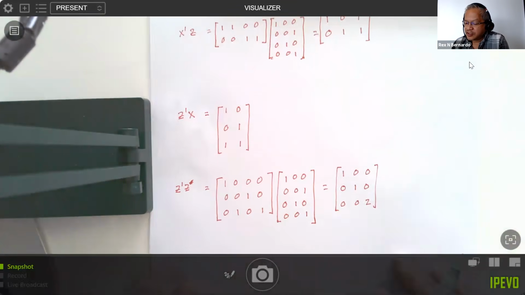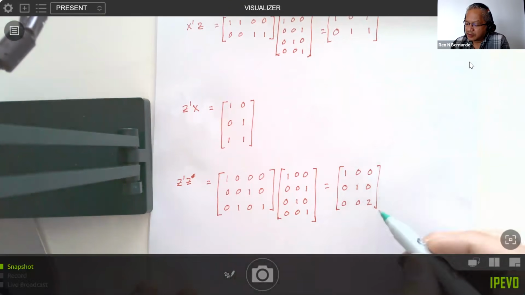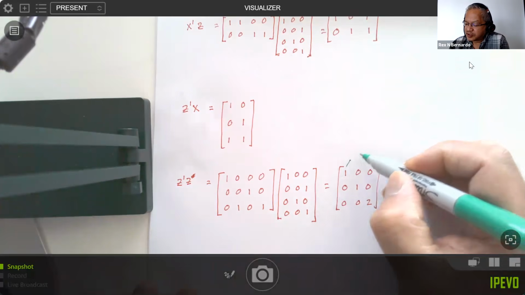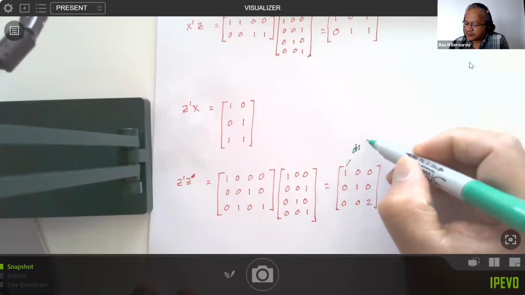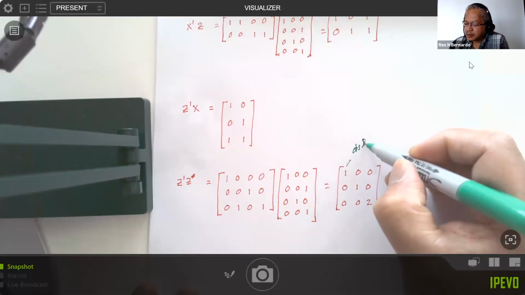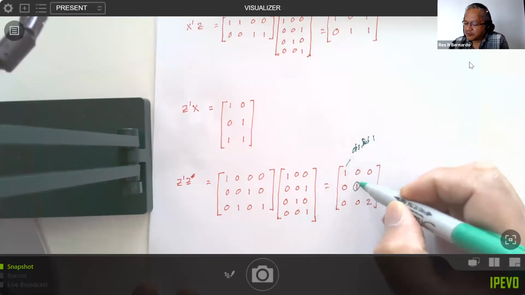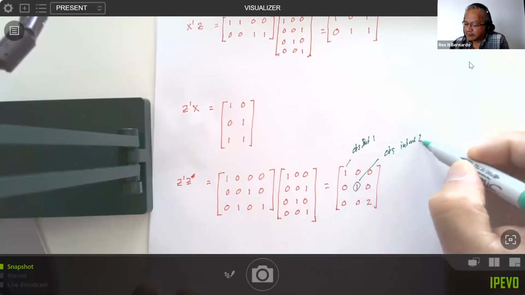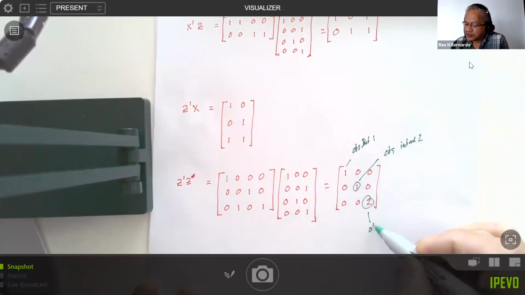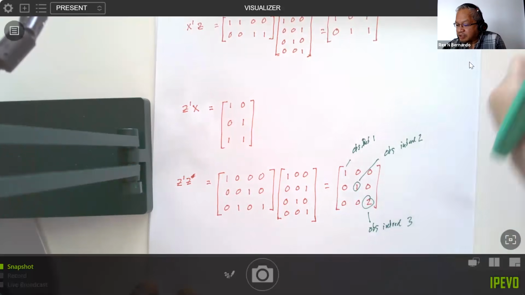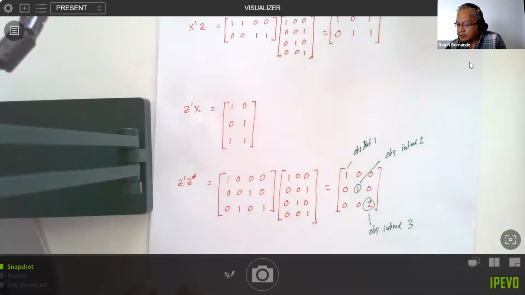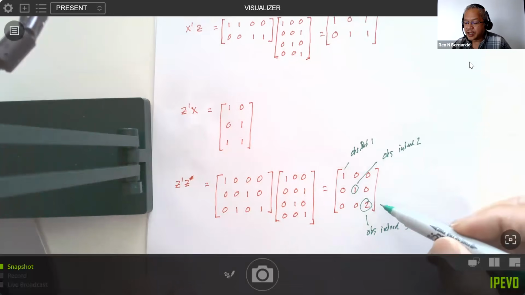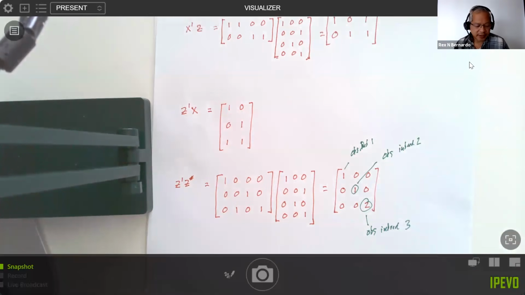Likewise, for Z prime Z, this is the number of observations for inbred 1, this is the number of observations for inbred 2, and finally this is the number of observations for inbred 3. We notice that in the data set, inbred 3 was evaluated in both set 1 and set 2. Therefore, it had 3 observations. All right. Questions? Is that clear so far?